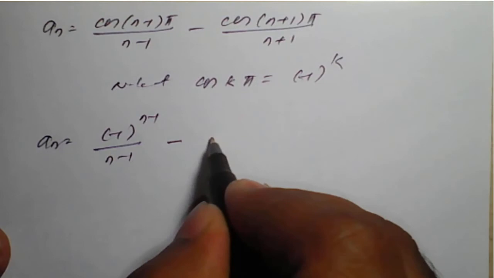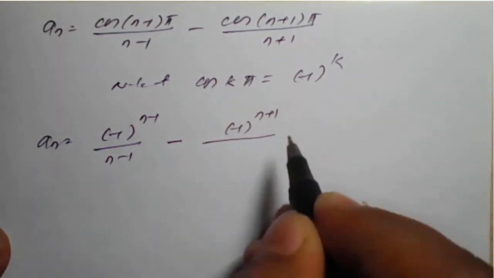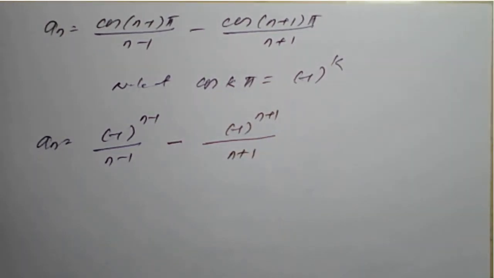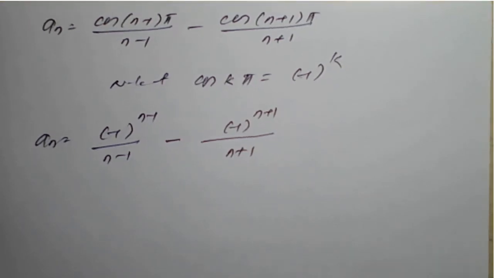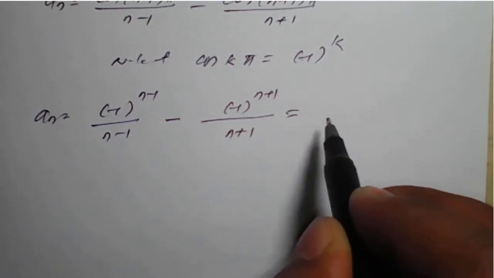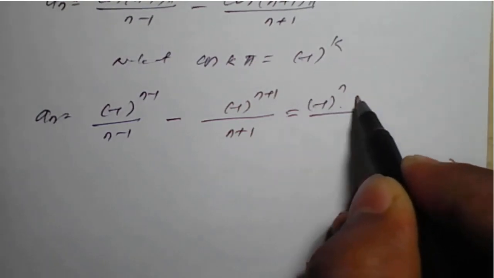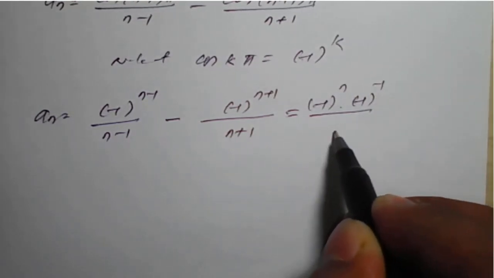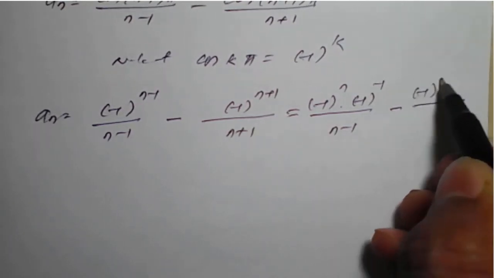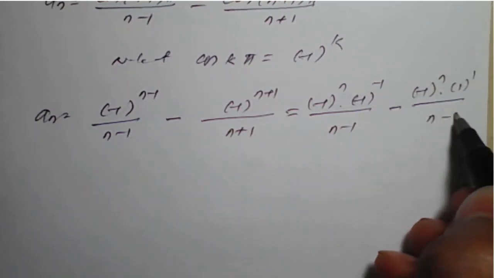Minus cos of (n plus 1) pi can be written as minus 1 raised to n plus 1 divided by n plus 1, or this can be written as minus 1 raised to n into minus 1 raised to minus 1 divided by n minus 1, second term minus 1 raised to n into minus 1 raised to 1 divided by n plus 1.